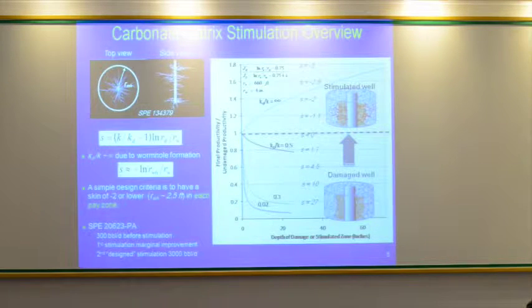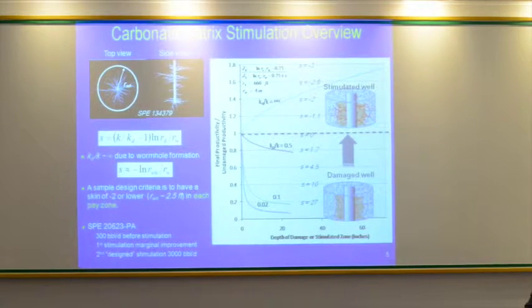So it was producing 300 barrels of oil per day. After the treatment, same 300 barrels of oil per day, and the treatment was clearly a failure, right? So they did a second treatment, and after the second treatment the well produced 3,000 barrels of oil per day. So an order of magnitude increase in production.